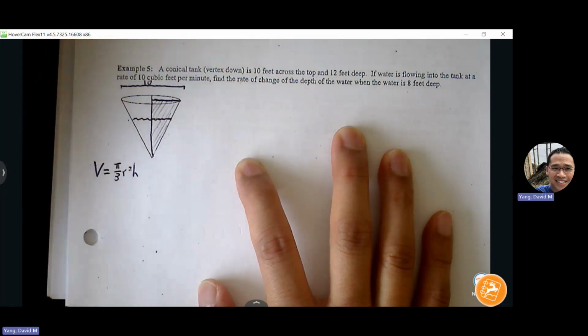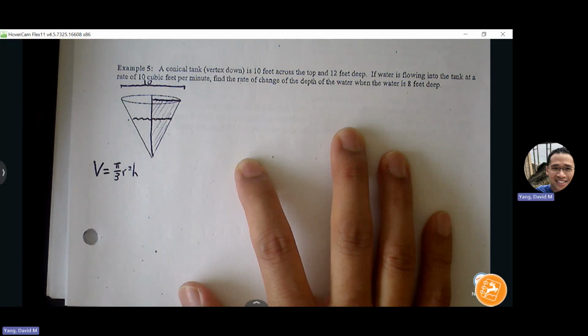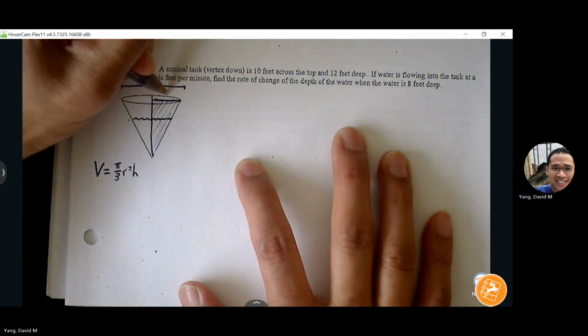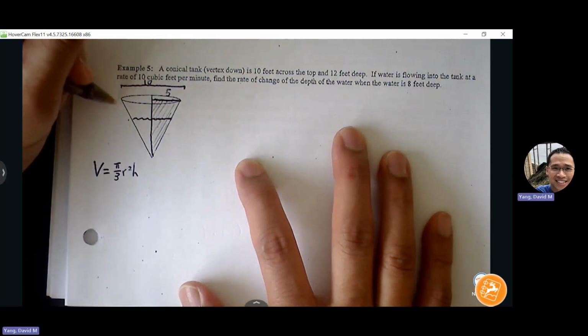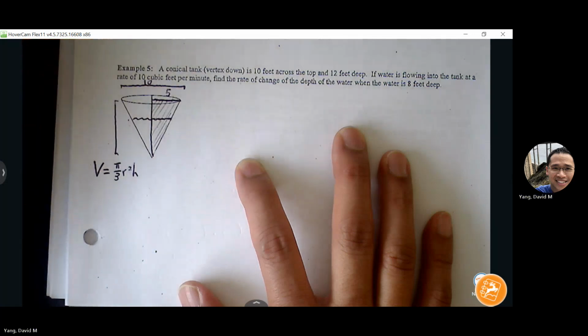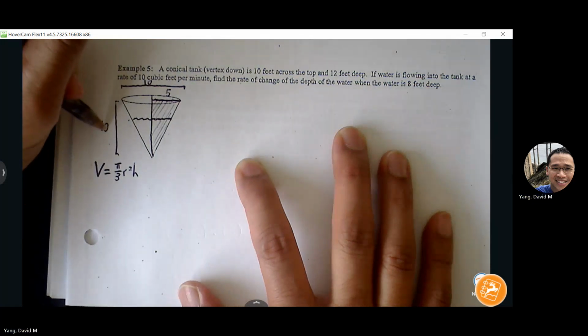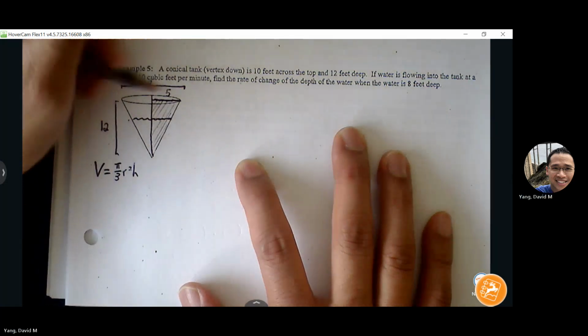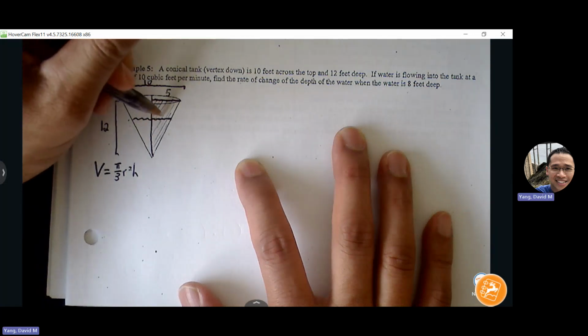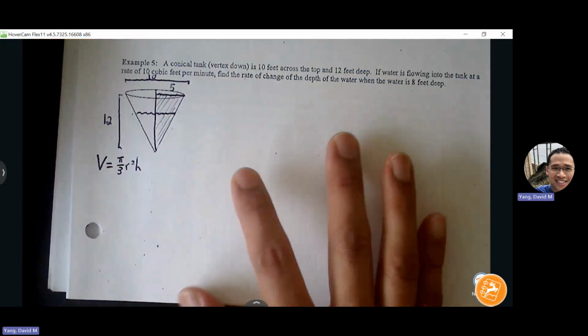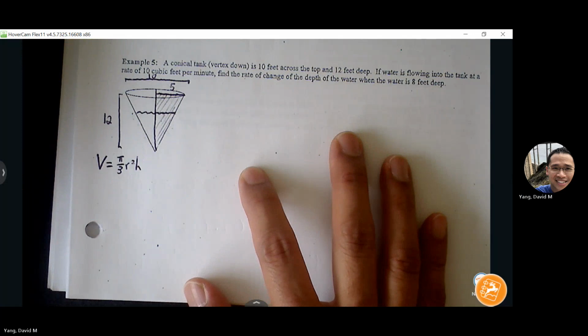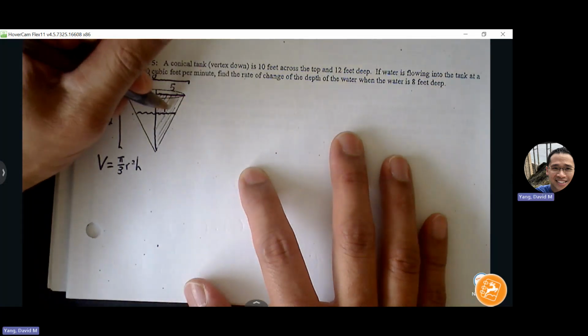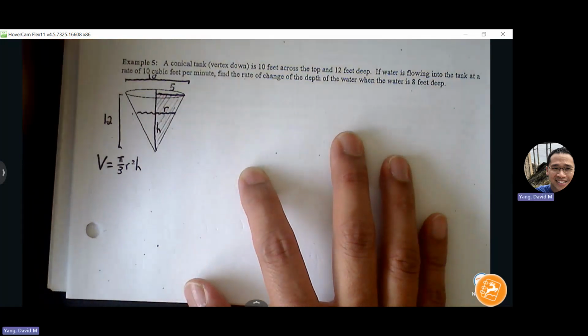That's the diameter of the container. What's the radius of this container? 5. Right. What's the height of the container? 12. Okay. Now that's set in stone, but are the radius and the height of the water level always changing? Yes. So r and h.